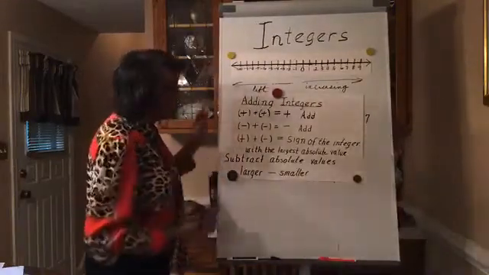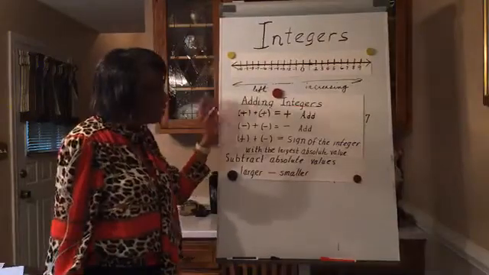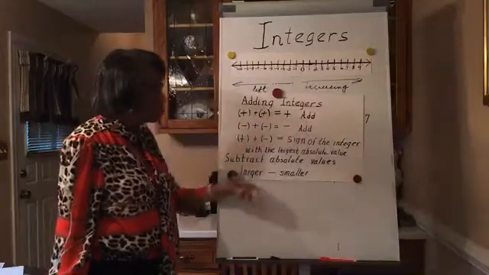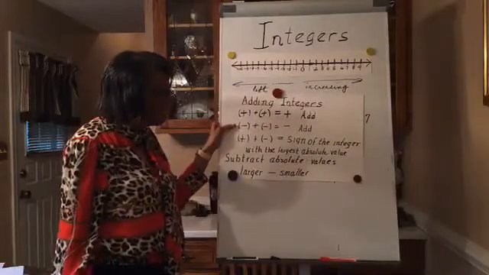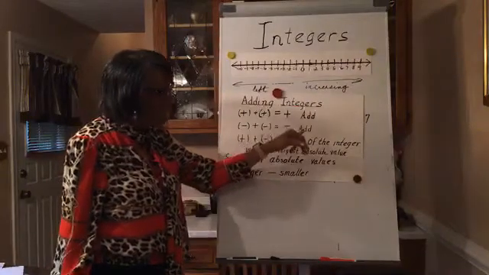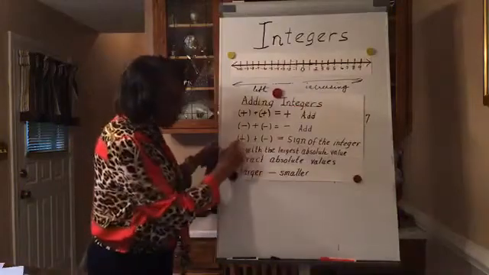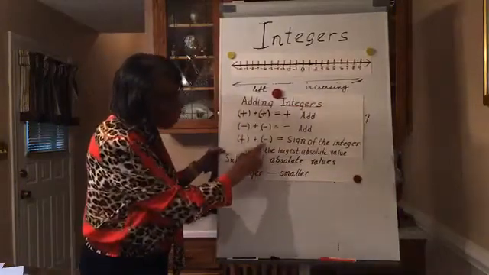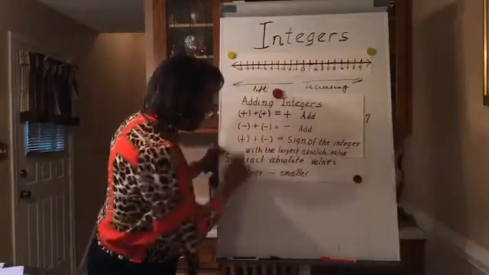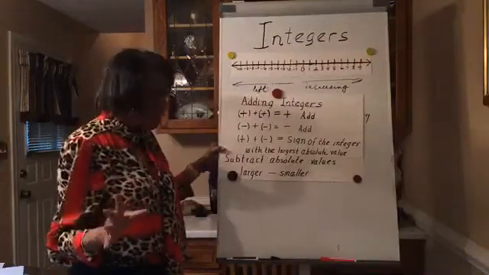All right, when we add two positives, the sum is positive, and we merely add the numbers. When we add two negatives, the sum is negative, and we merely add the absolute values of those two numbers. When we add a positive and a negative, the sign of the integer with the largest absolute value is the sign that we have in our answer.